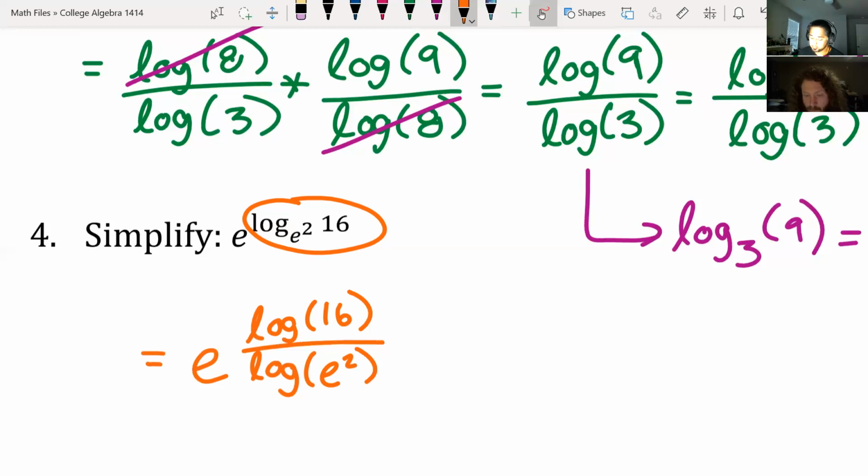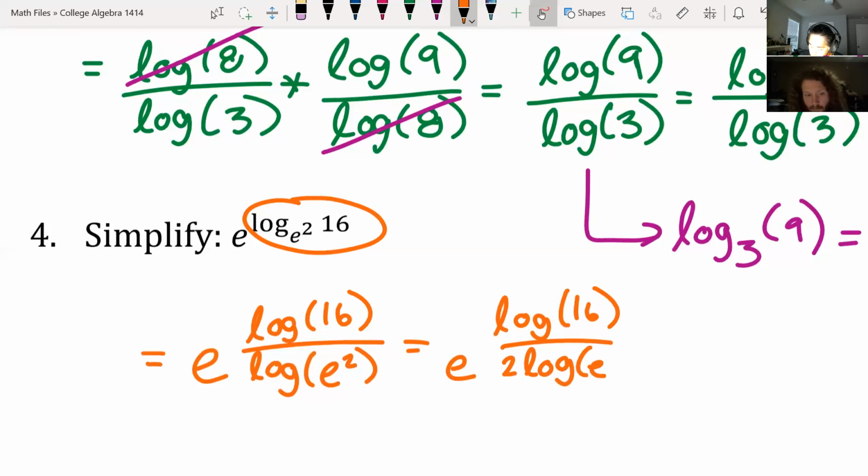Okay. Clean up. You get e, and 16 we can actually write as a base of 2. But do I need to rewrite 16? No, I'm not going to do that yet. We're going to leave it alone. That'll come in later. You'll get log of 16, but then I'm going to use power rule on the bottom log. So you'll get 2 log of e.